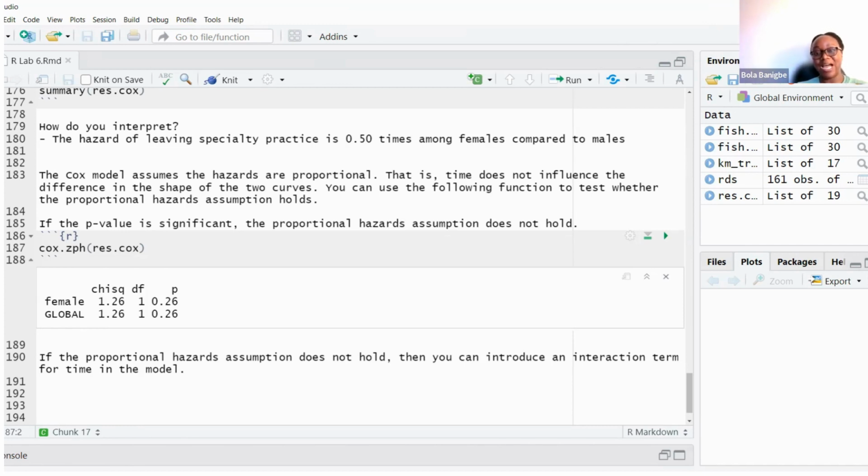So we're basically saying our null hypothesis is that the hazards are proportional, or the hazards are not proportional, and our alternative hypothesis is that the hazards are proportional. So we run it, and here we can see that it's 0.26, meaning that there is no significance. So we fail to reject the null hypothesis. Does it make sense?